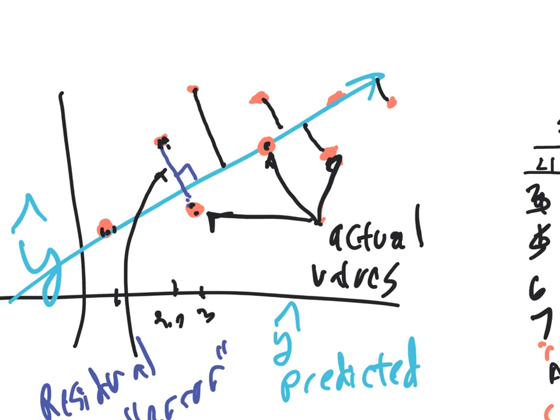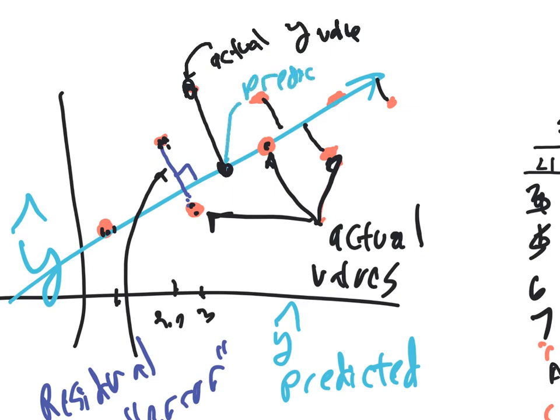This distance here, from here, is nothing more than the actual y value that I saw right here. This is my predicted y value on the line.